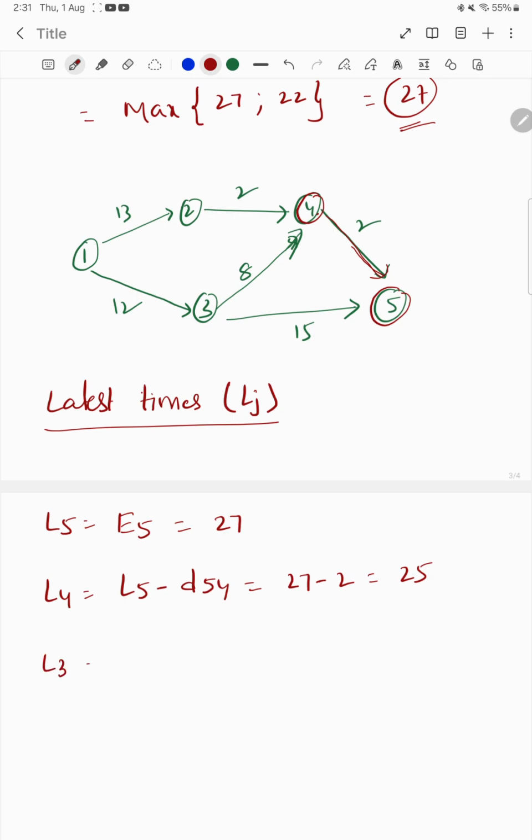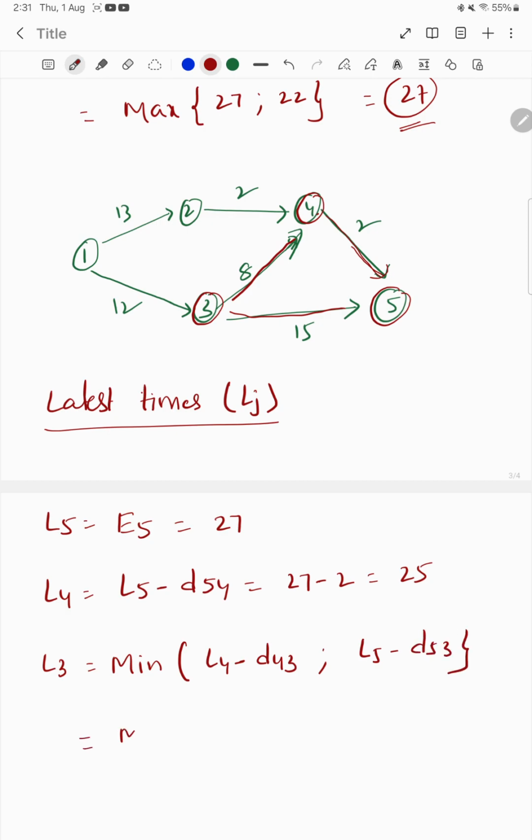Similarly, L3. We can reach 3 by two paths, one from 4 and another from 5. Since we are working in the reverse process, we take the minimum of L4 minus the duration from 4 to 3, and L5 minus the duration from 5 to 3.